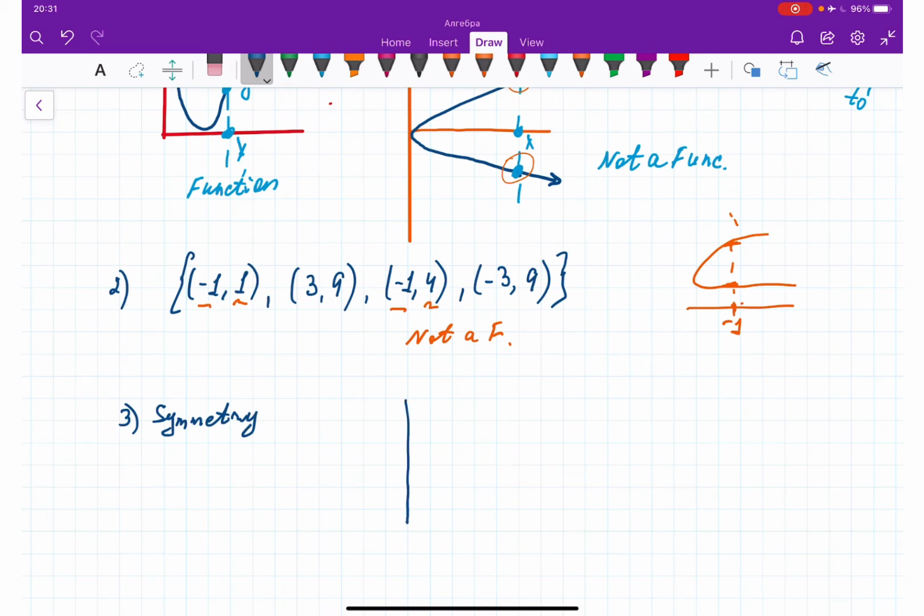The function of a quadratic equation is symmetric about the y-axis. Okay? Is symmetric about the y-axis.